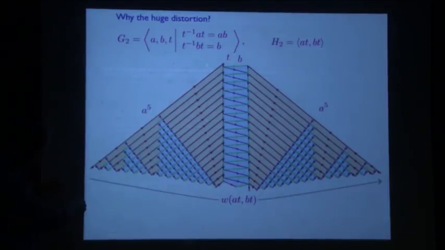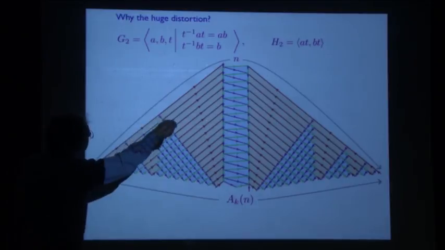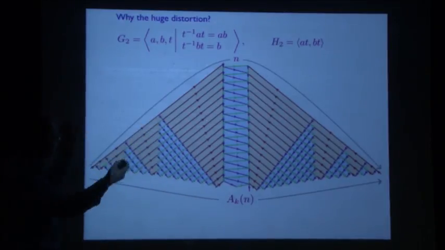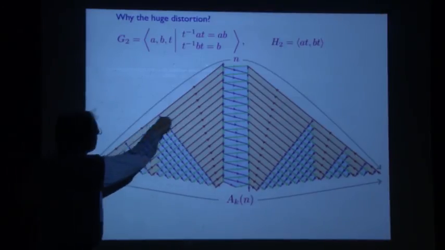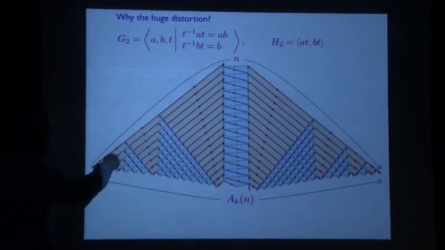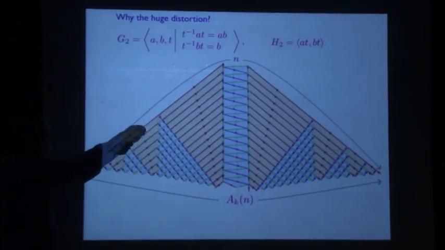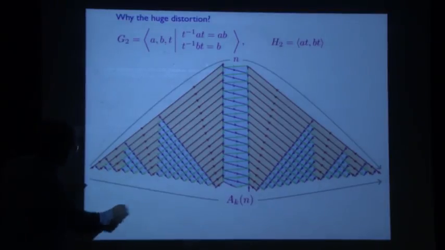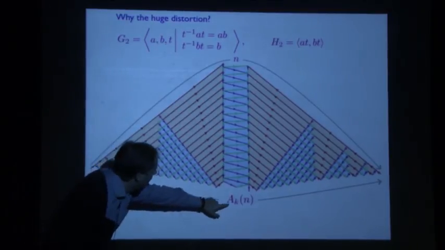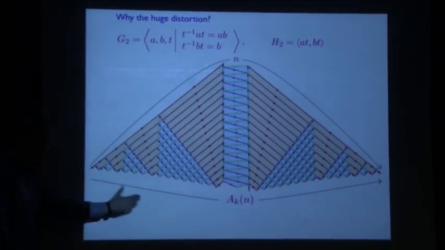And if this has length n, and I'm generalizing this to the analogous calculation in an arbitrary GK, not just G2, then we're getting a word of length roughly n, or 2n plus 2, equaling a word on the generators of HK of length given by Ackermann's function.